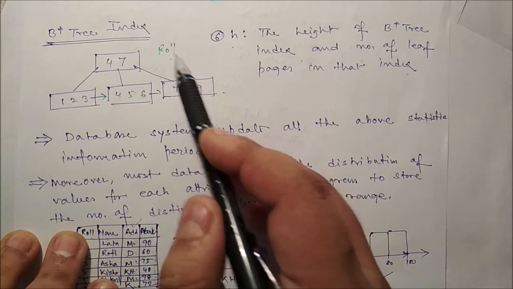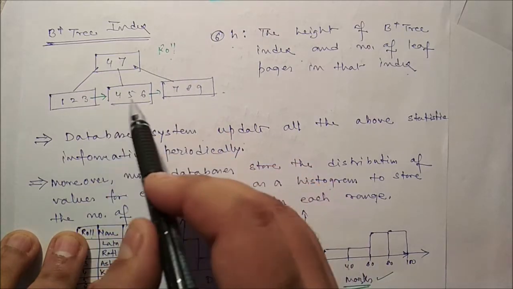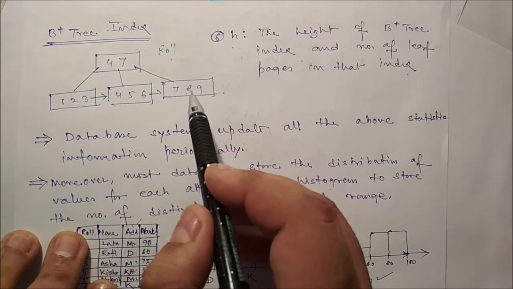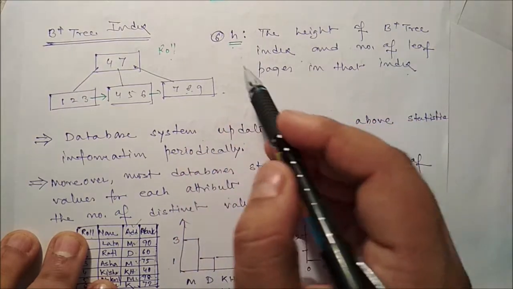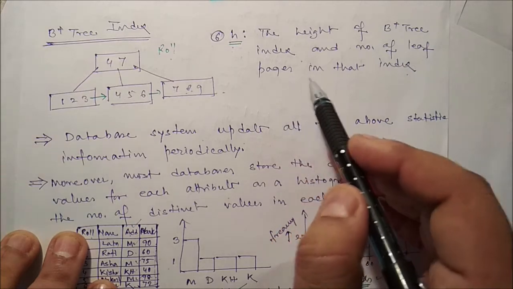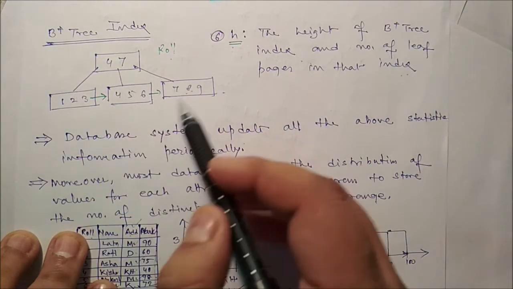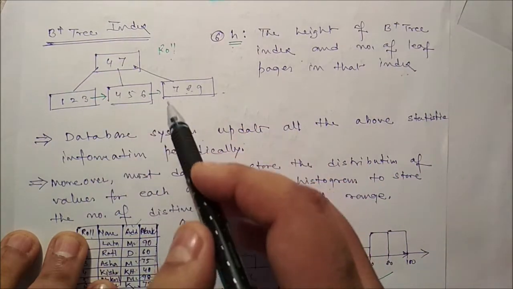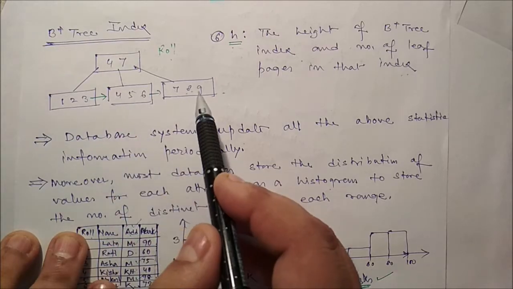We store the height of the tree as well as the number of leaf nodes present in this particular tree. That is stored in the H: the height of the B plus tree index and the number of leaf pages in that index.